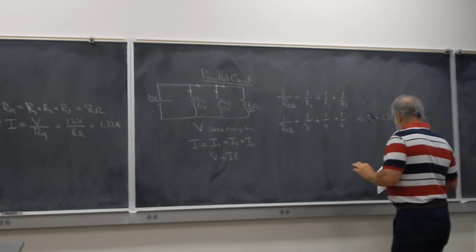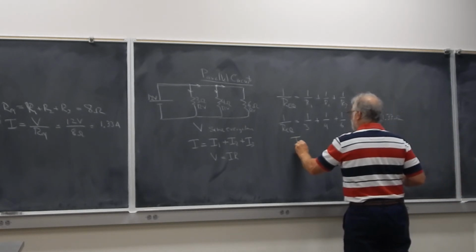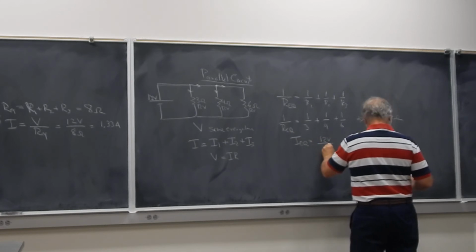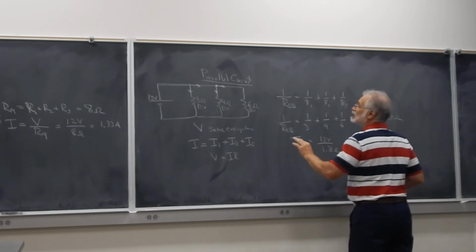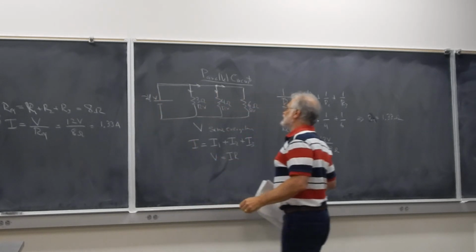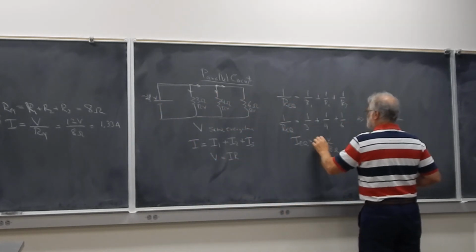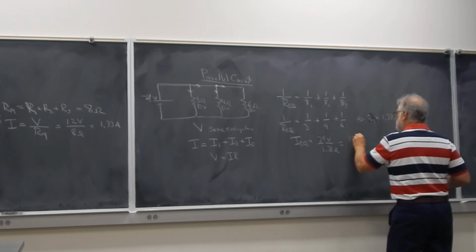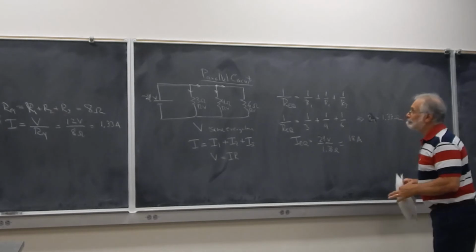That tells me that my equivalent current would be 12 volts divided by 1.33 ohms. I'm sorry, this is not 12 volts, it's 24 volts. My apologies. 24 volts divided by 1.33 ohms will give me 18 amps.